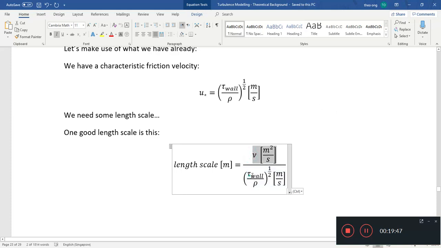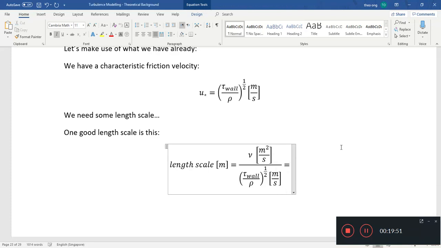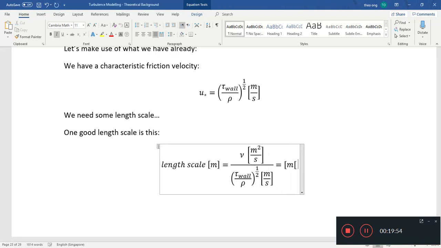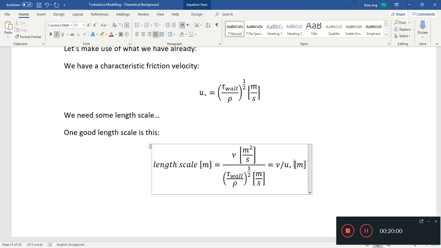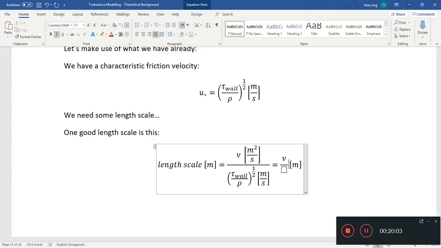So I'm going to use this viscosity and just divide it by the friction velocity, and that will give me a length scale. So it's nu over u star. That's all.